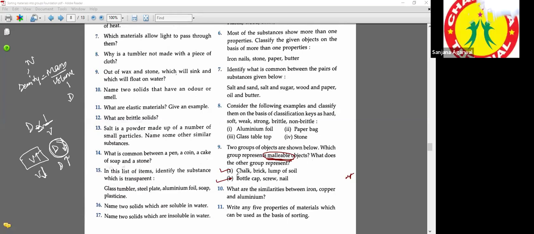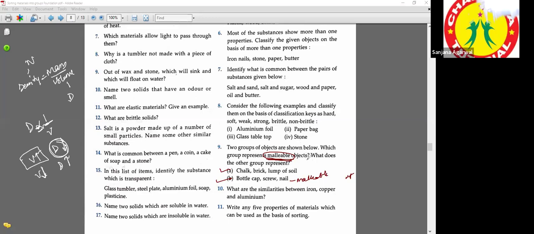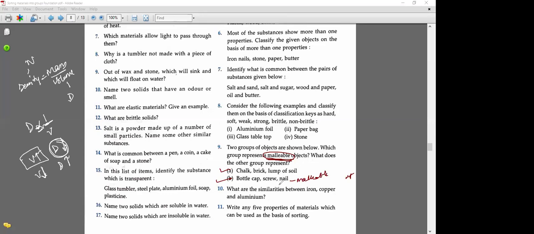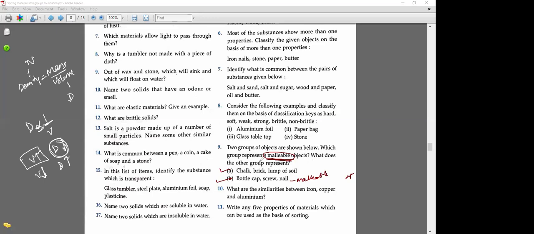And what does the A group represent then? They represent... Anyone else? Ma'am, immovable objects.